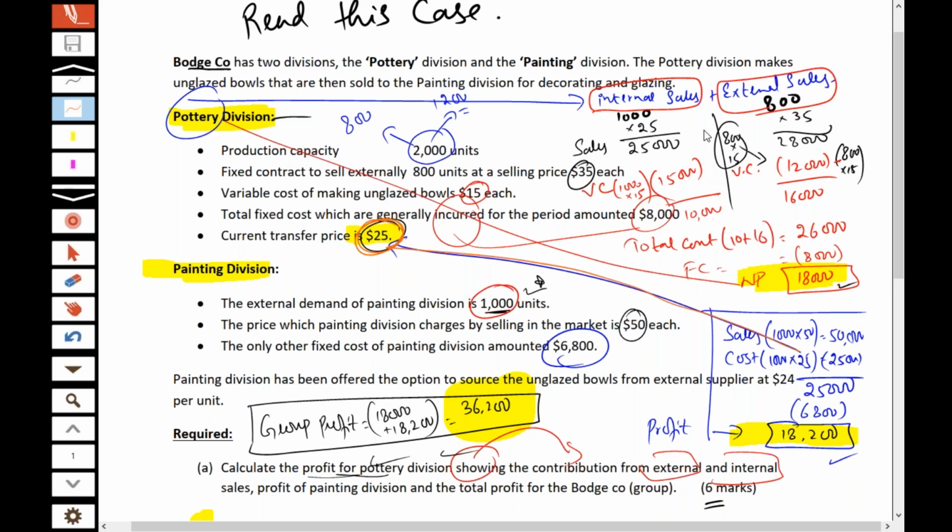Okay, that's good. Because the question is silent, that means using the current transfer price, it is not specifically mentioned in this requirement. Now this will be the next part.